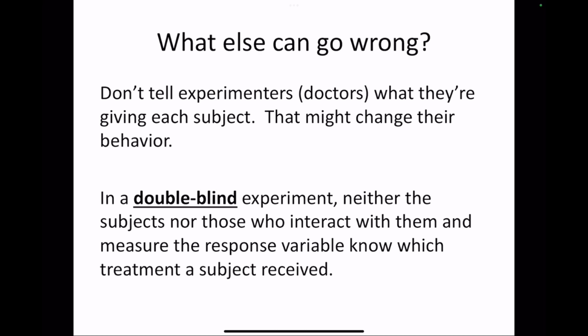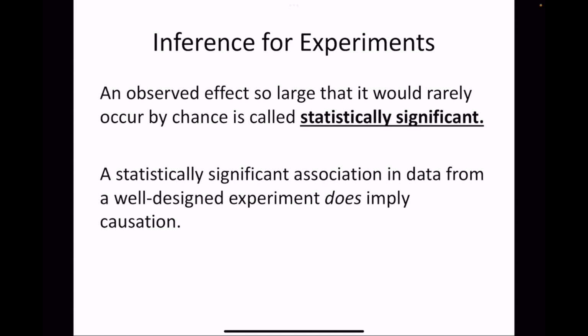And that means neither the subjects, the ones getting the treatment, nor the ones giving them the treatment should know which is the real treatment and which is the placebo. So if you hear that an experiment was a double-blind, completely randomized experiment, that's usually the best form of experiment.